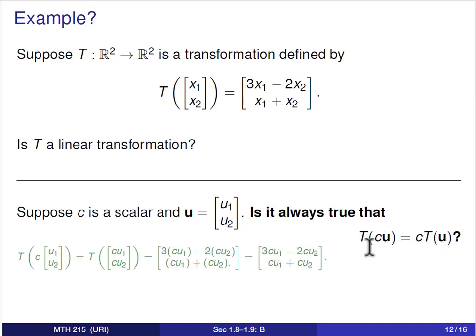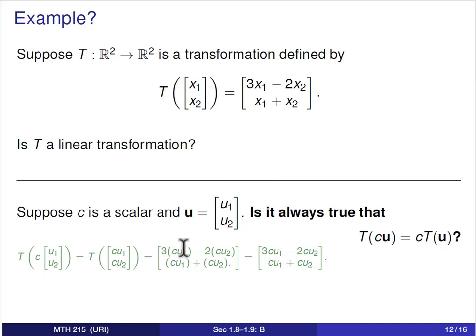T of cu looks like T of c times the vector, and we know that when you multiply a scalar onto a vector, it's the same thing as multiplying the scalar onto each of the entries. So we get (cu1, cu2) inside the function T. Now remember our rule for using the entries of the vector to generate the output.